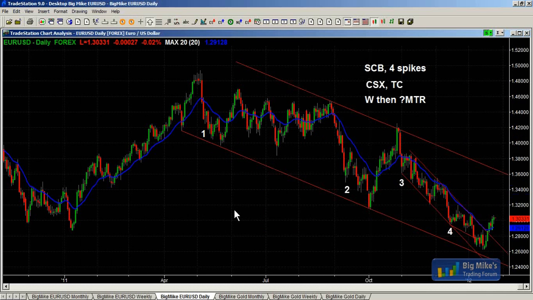Daily chart on the euro versus the dollar. We've had several spikes down. They're numbered 1, 2, 3, 4, in several ways to draw channels. To me, what's been going on over the past several months is a spike down here at bar 3, and then a very tight channel. We've broken above the top of the channel.